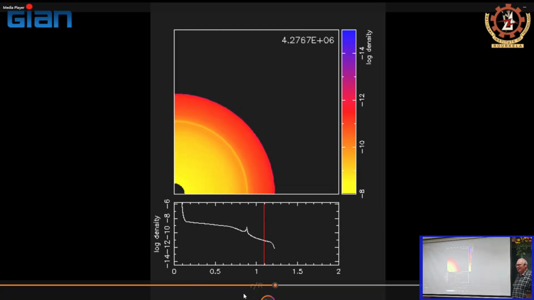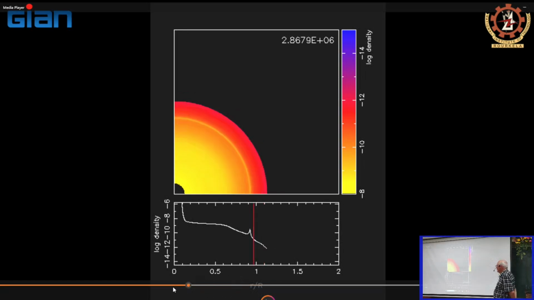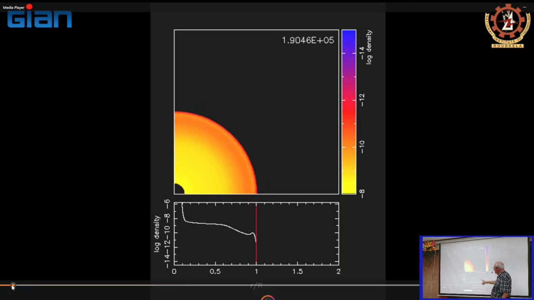This is a colored animation of the evolution of the instability of a massive star. Now we have color-coded on the upper panel the density, where high densities are yellow and low densities are blue. And more informative is the bottom panel, which shows the density as a function of radius.